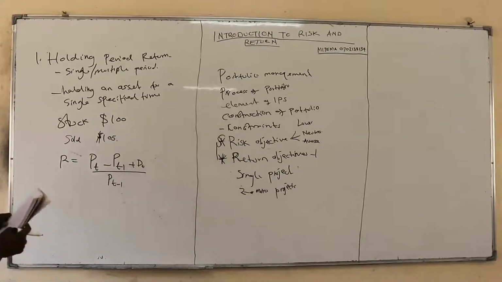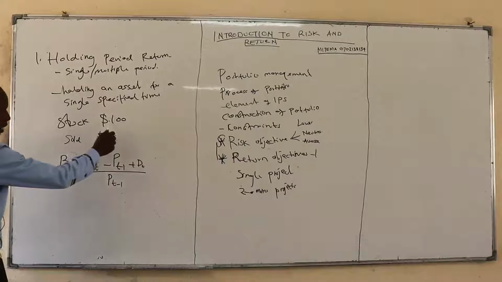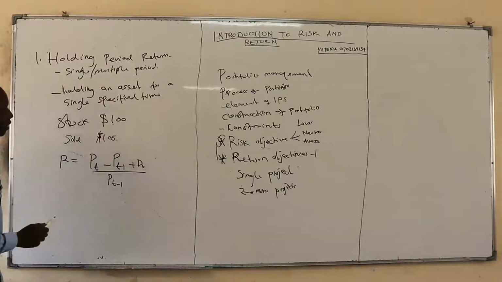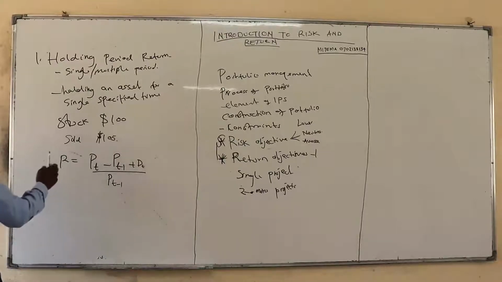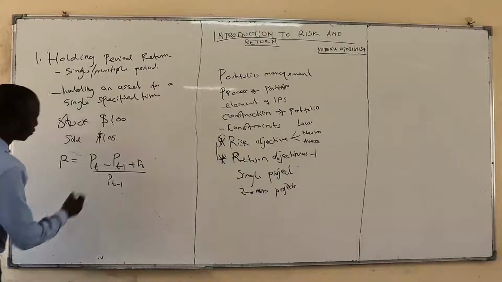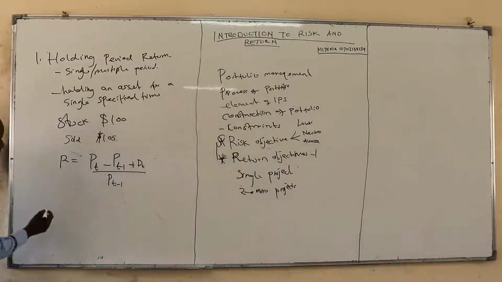Like in our scenario in this example, we are told that a stock was bought at 100 and it was sold at 105. You are asked to calculate the holding period return. So we substitute the elements here.